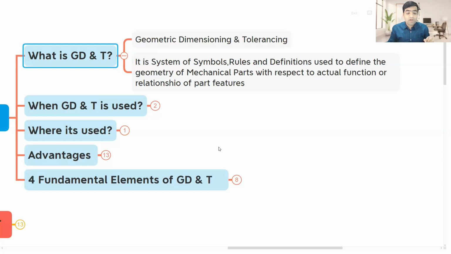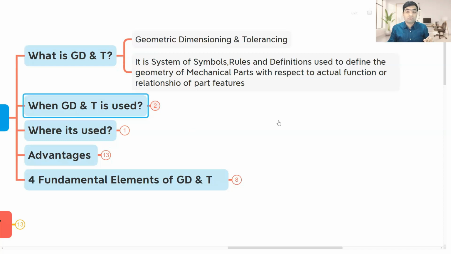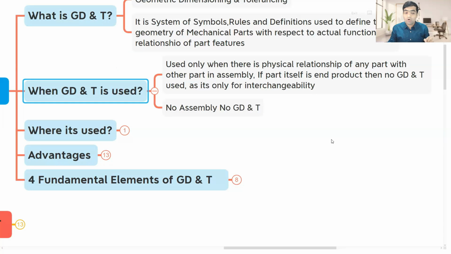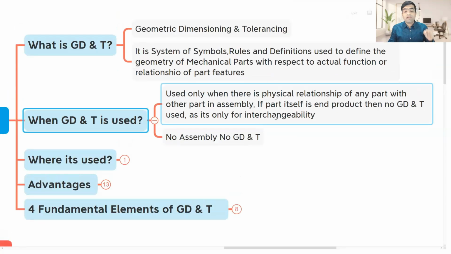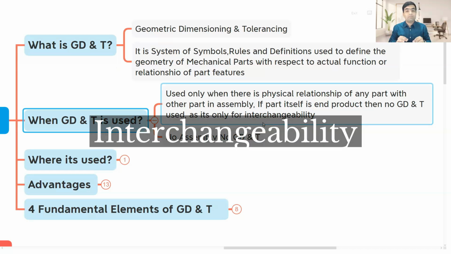Okay, so when to use GD&T is very important. Use it only when there is a physical relationship of a part with another part in the assembly. If the part itself is the end product, then no GD&T is used, as it's only for interchangeability. Let me explain the different words.